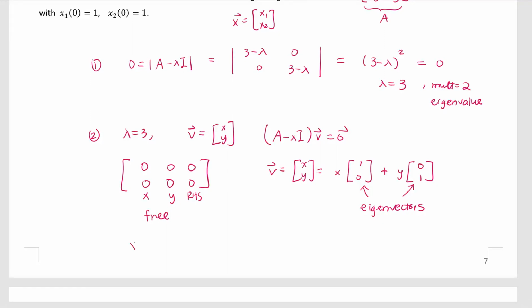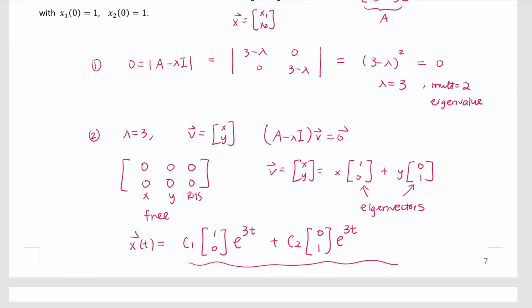Then what is the solution? Well, the solution is C1 times the first eigenvector (1, 0), e to the 3t, plus C2 times the second eigenvector (0, 1), e to the 3t. Because we have two eigenvectors, solutions look like that.